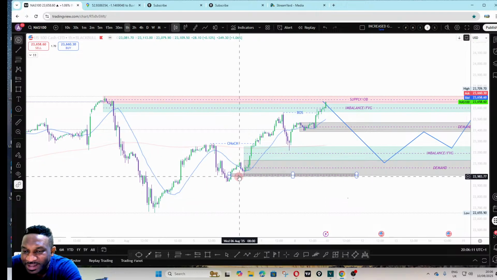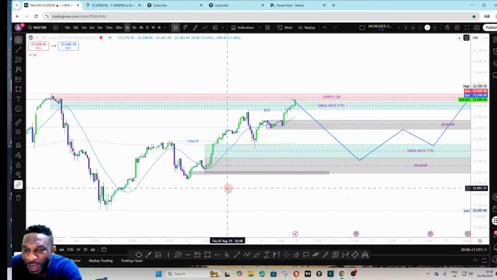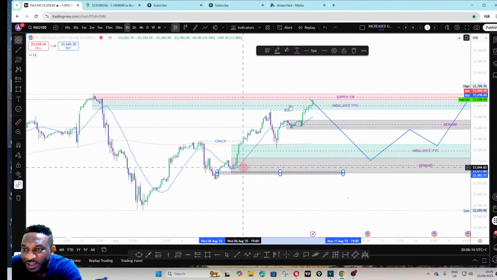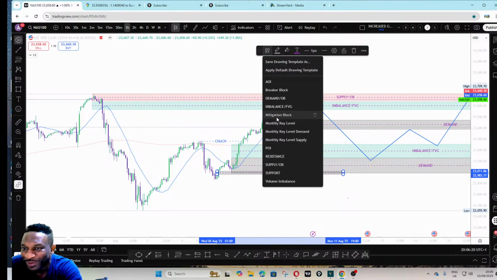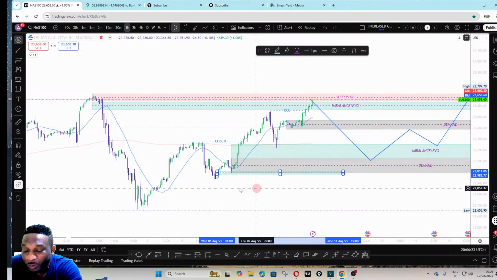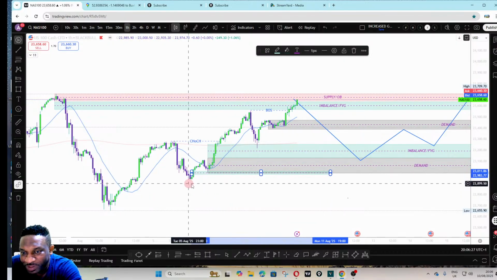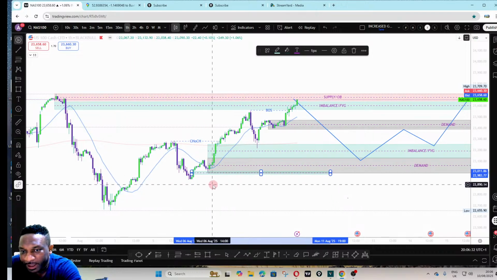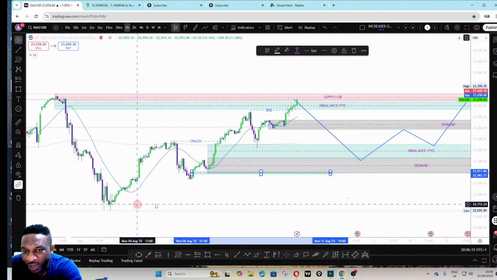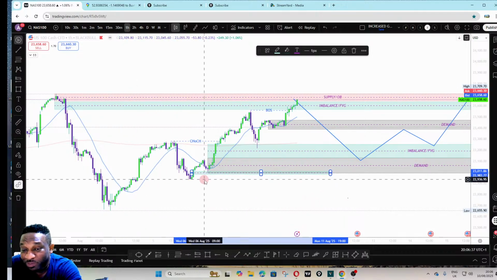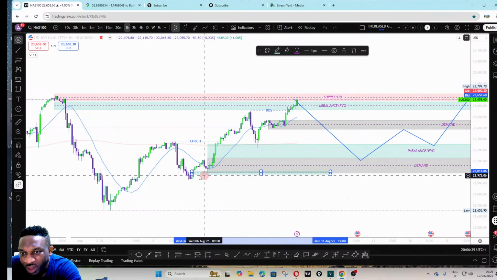This now will act as an inverted fair value gap or inverted imbalance, whichever way you want to put it. Normally when an imbalance is created, you expect price to come back and then react from there.